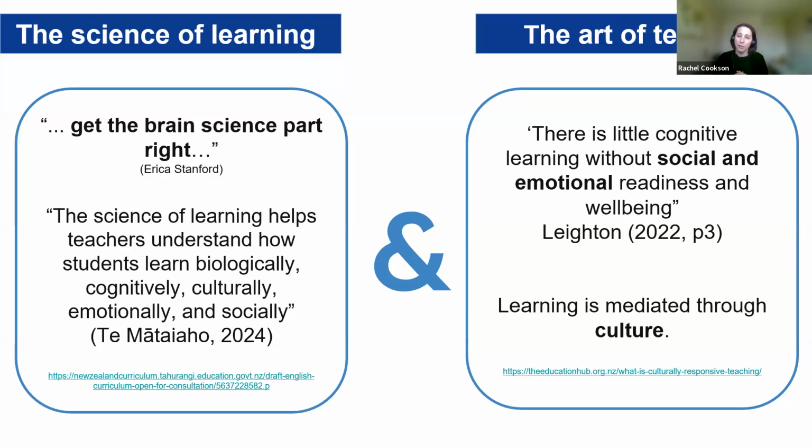If we only focused on well-being, we'd be going round and round in circles in the other way. So by using both the science of learning and the art of teaching and understanding where our young people are when they arrive in our classrooms and in our school, we're able to move forward and develop that learning.